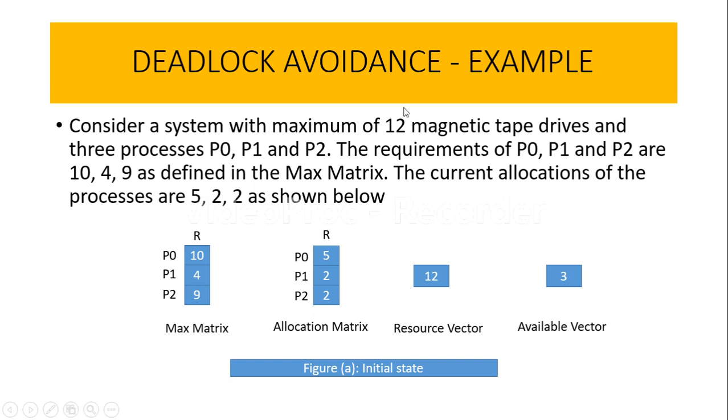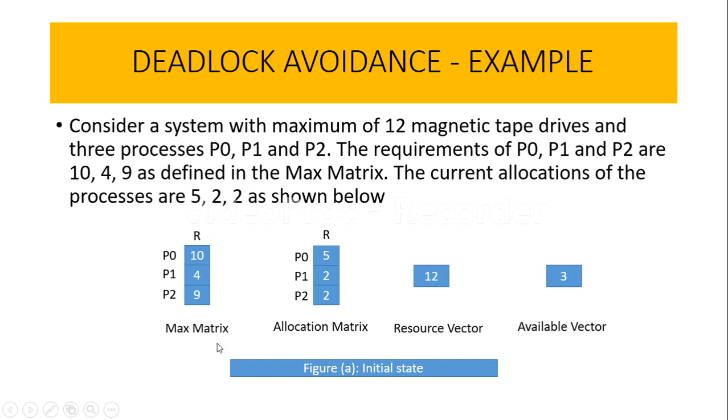If you see the current allocation, each process has its own allocation: P0 has 5 resources allocated, and P1 and P2 each have 2 instances allocated. To be precise, let me show you with the diagram.